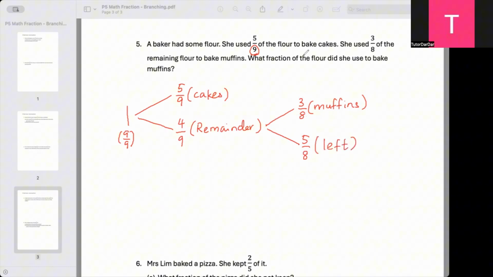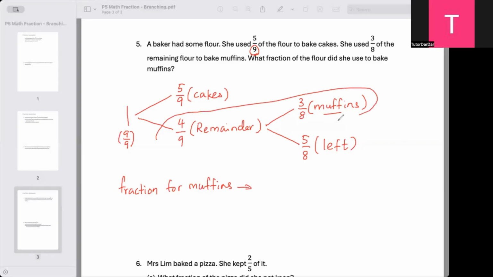Now, let's find the fraction of flour for the muffins. So the fraction for muffins is going to be, okay, muffin is here. So the child branch and the parent branch multiply together. These two multiply together.